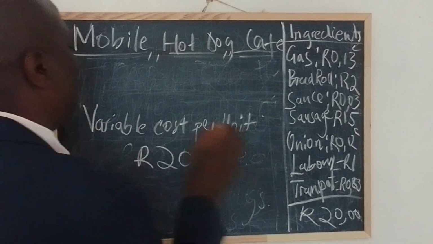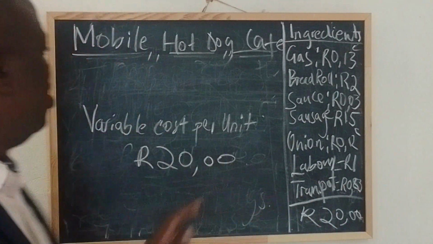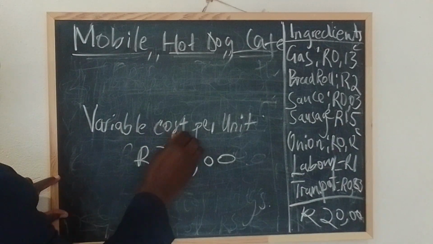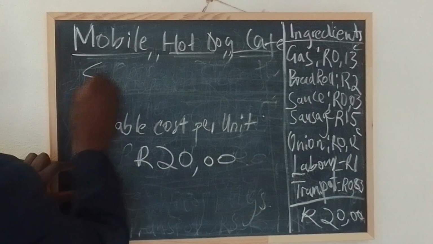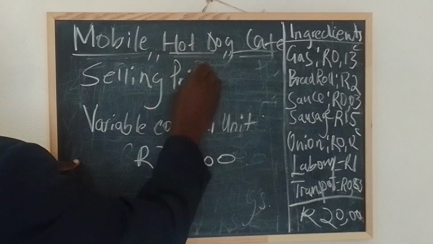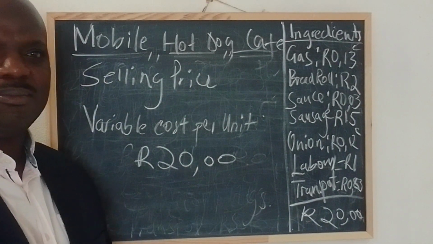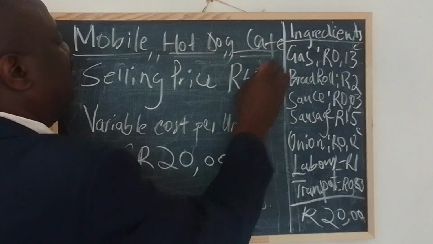Now, remember something we learned in the previous session. We talked about markup. You cannot sell this at the cost because you are in business to make profit. So what will be your selling price? Let's say you are selling this hot dog, a Boerewors roll, for 45 rands.